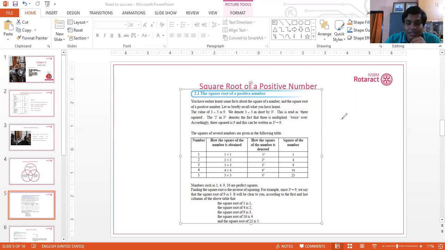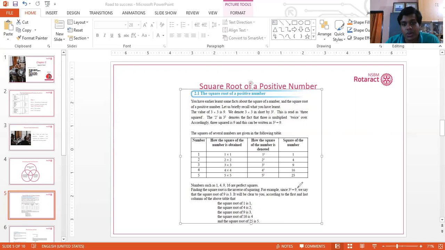At your age, you know these things, because if you know your multiplication table, it will definitely be there: 1 into 1, 2 into 2, 3 into 3 is 9, all of them. Anyways, that is what finding the square root is mainly.